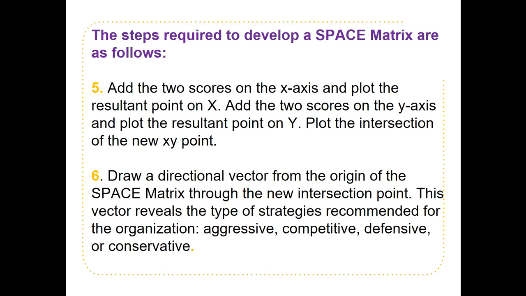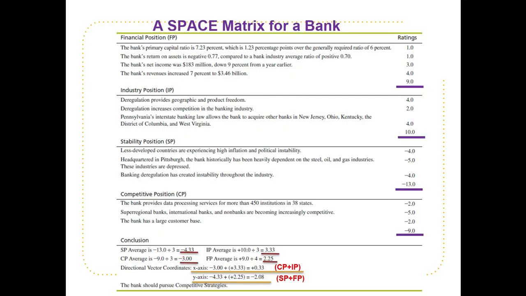Plot the intersection of the new xy point. Then draw a directional vector from the origin of the SPACE matrix through the intersection point. This vector reveals the type of strategies recommended for the organization, whether aggressive, competitive, defensive, or conservative.